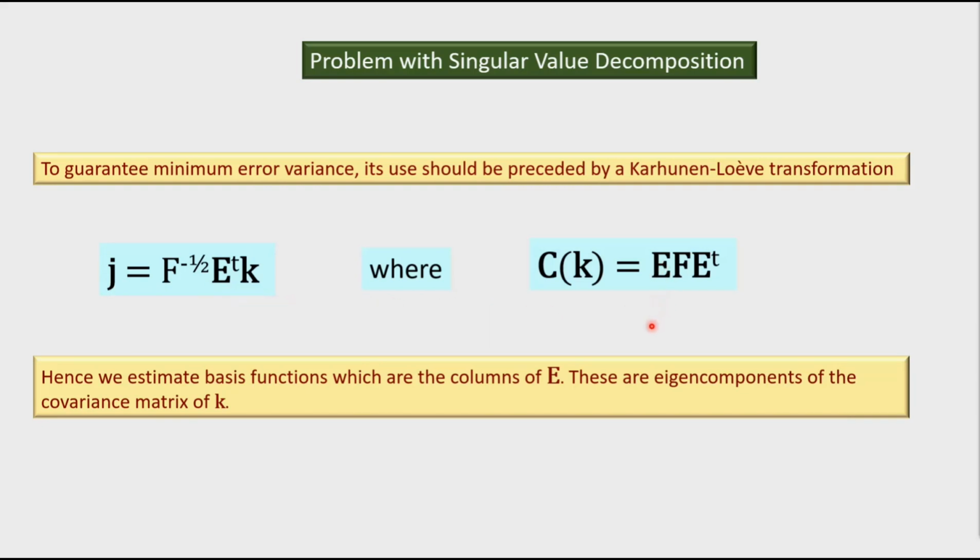That is, the eigencomponents of the CK matrix. So we're hardwiring into the inversion process an awful lot of knowledge that is not really knowledge. We cannot escape coming up with some idea of what the prior probability distribution of parameters is. The problem is, using singular value decomposition, we're taking that knowledge too seriously.